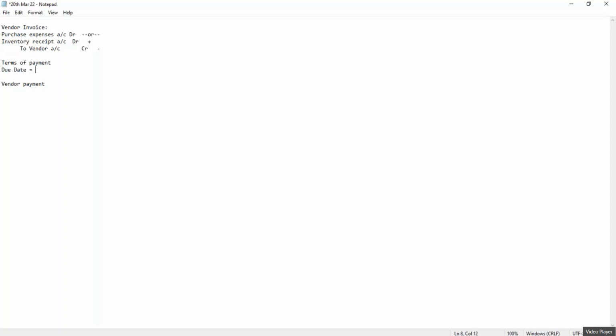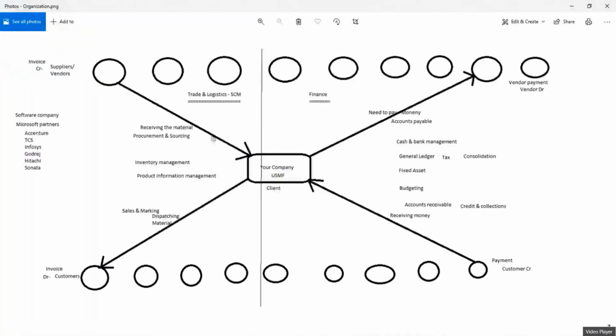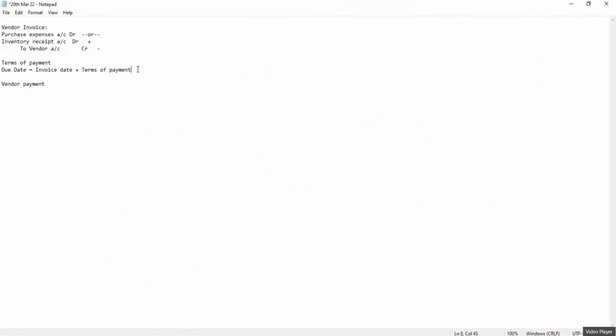Due date is equal to transaction date, that means invoice posted date, invoice date plus terms of payment. It is the agreement between your vendor and your company.